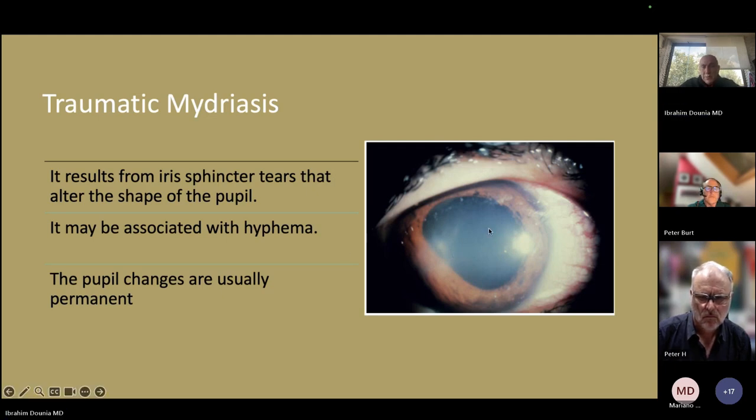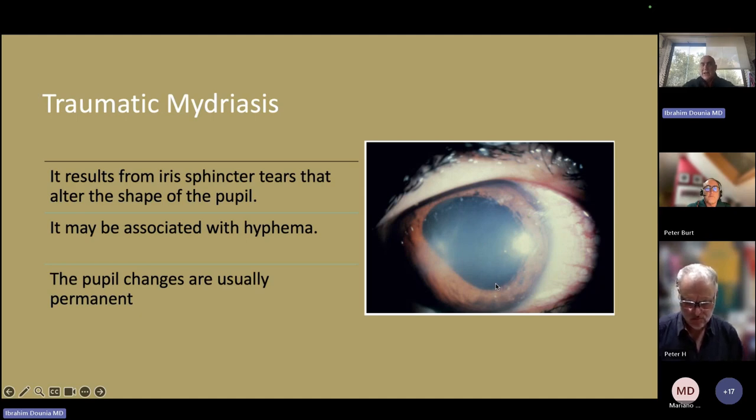Okay. We know that our pupil is round, regular, and reactive. Any trauma may cause a disrupted shape of the pupil, and this is a traumatic mydriasis, which means a dilated and also irregular pupil.